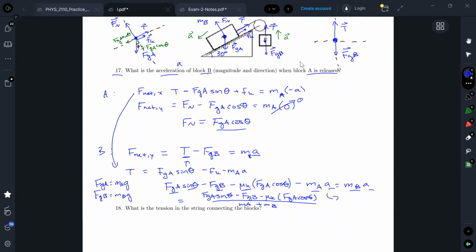I get that my acceleration is 0.2 meters per second squared.